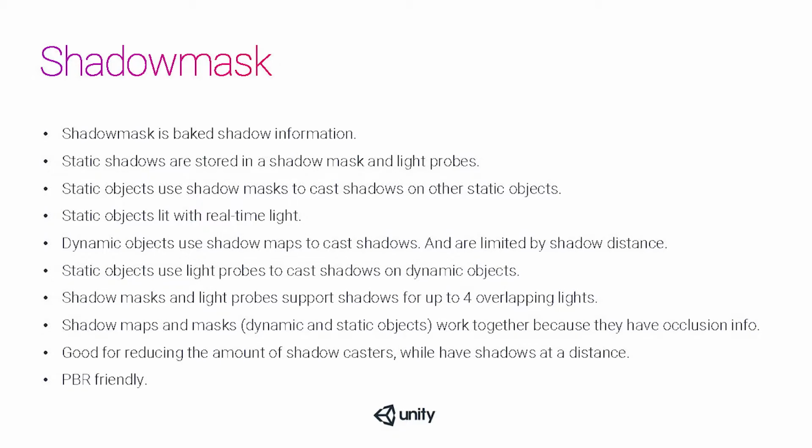Shadow mask is the one we're looking at now, and the shadows are stored in a separate shadow mask object. It means we get better shadows at the cost of an extra texture lookup, and it's PBR friendly, so now you can get all your PBR shaders working as well. I will give you these slides as well.